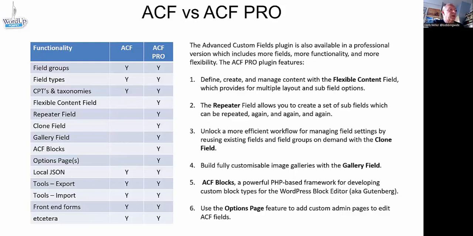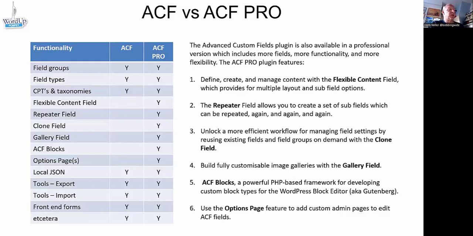You can export and import these definitions between sites to make it easier to do your work quickly. There's the facility of front-end forms, which I haven't touched at all, and some people might have done, but I'm not going to talk about that. And there's other different things which you can find documented on the website.